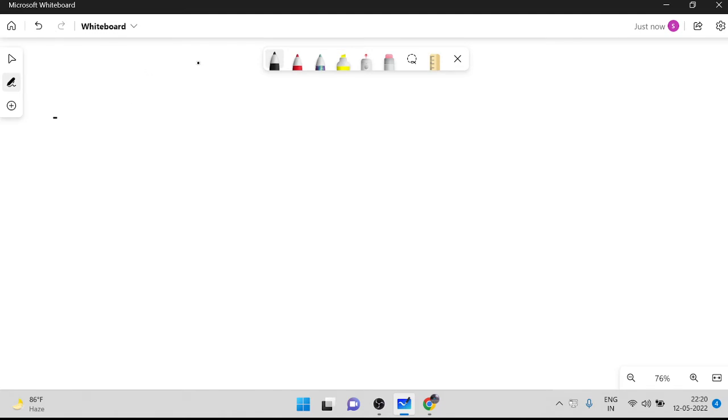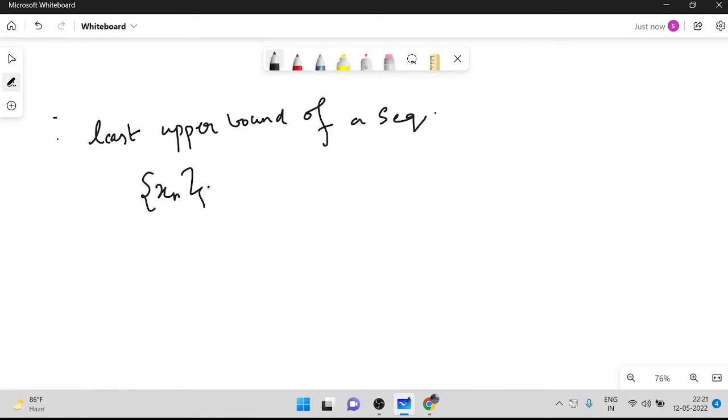Before proving that, I'll give a definition: the least upper bound of a sequence. Let us say we have xn, and it is bounded, say the sequence 1 by 2 power n.